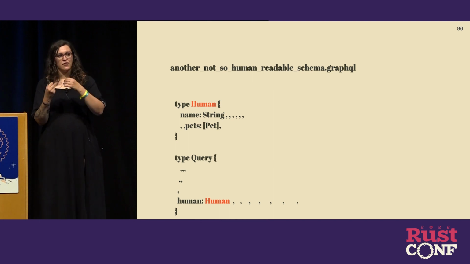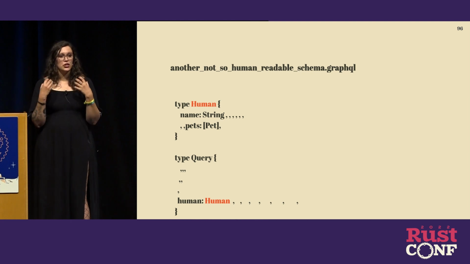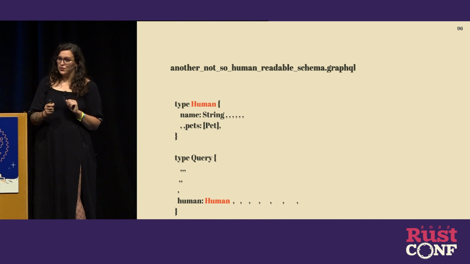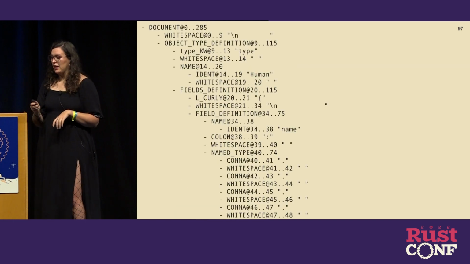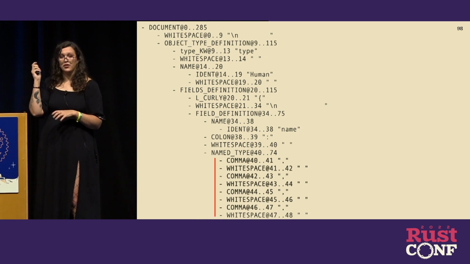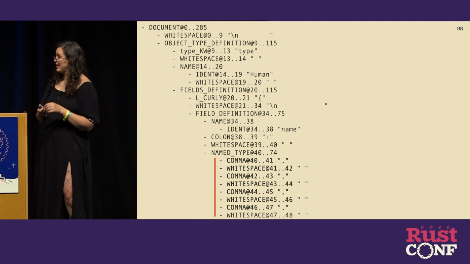Keeping all the tokens and having a lossless parser allows us to essentially reproduce the input we get. That is incredibly useful for diagnostics. And yeah, so this is a debug output of the AST. We keep everything, including all the commas your heart desires to put into that schema.